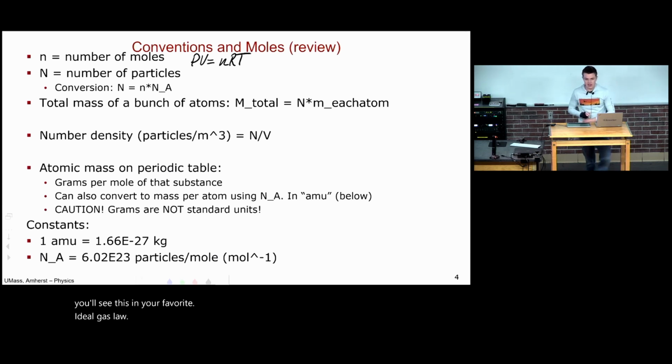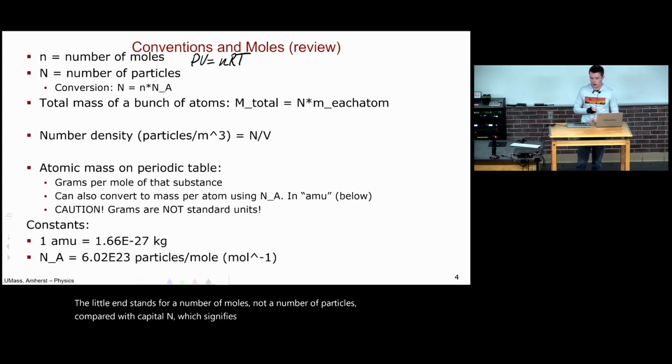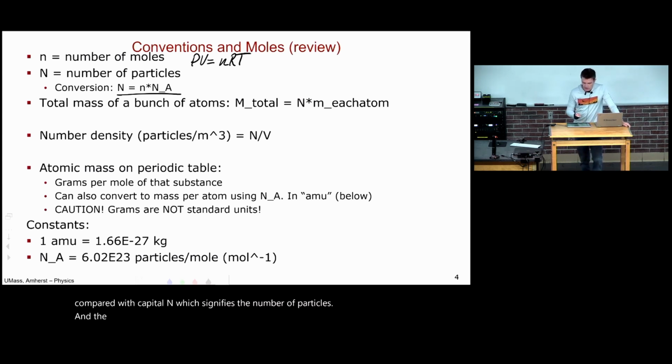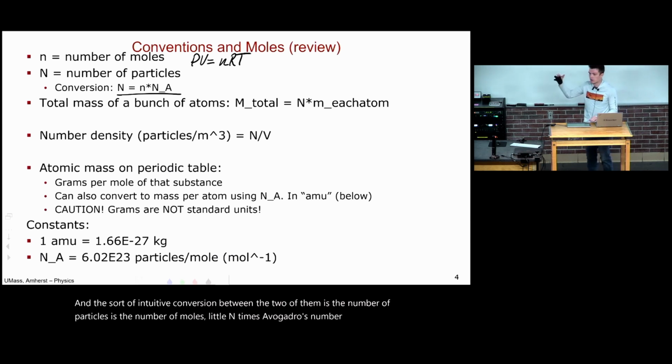The little n stands for the number of moles, not the number of particles, compared with capital N, which signifies the number of particles. And the intuitive conversion between the two is that the number of particles is the number of moles, little n, times Avogadro's number, which is the number of particles in each mole.